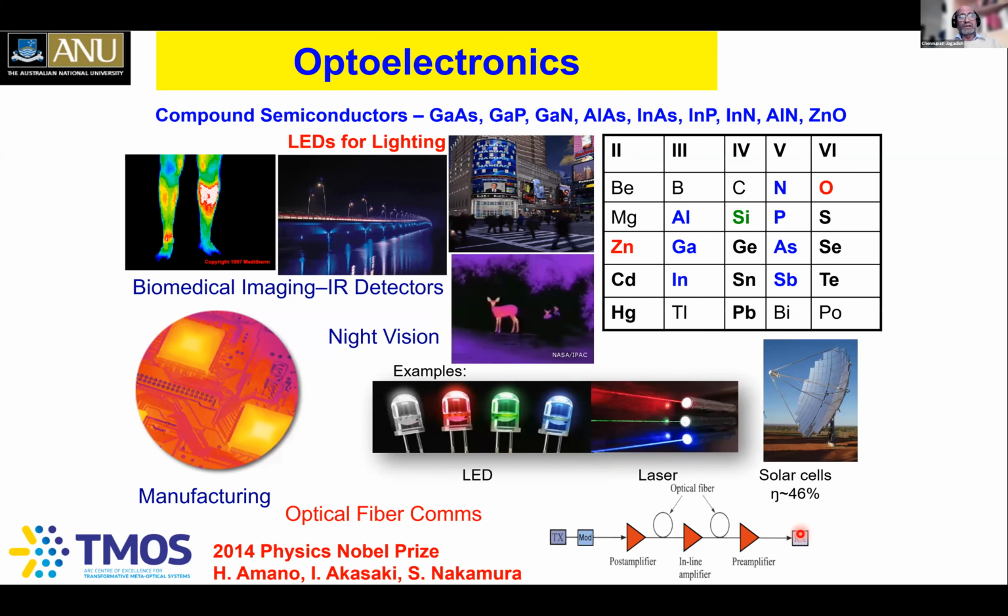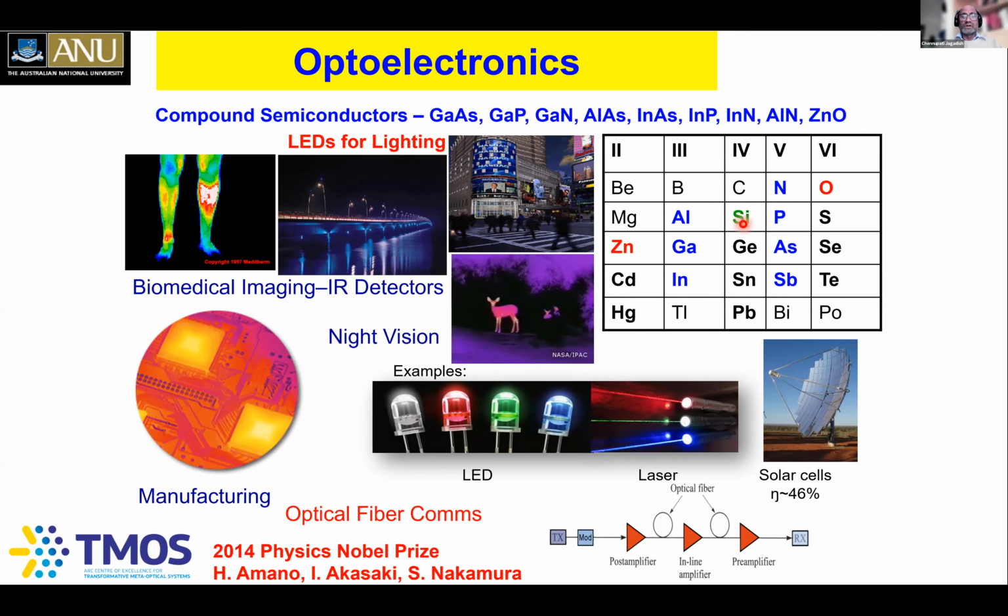I mentioned optoelectronics. What is optoelectronics? Well, all of us know about electronics, and in electronics we have been using silicon as a workhorse. Whether you're using any computer or any smart device, the electronics is most likely made out of silicon.